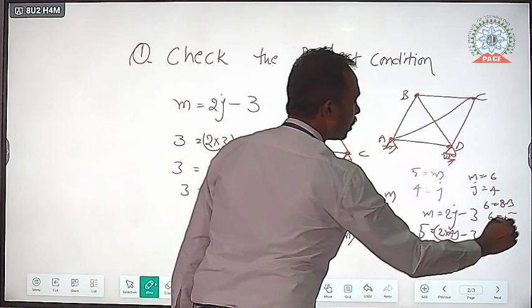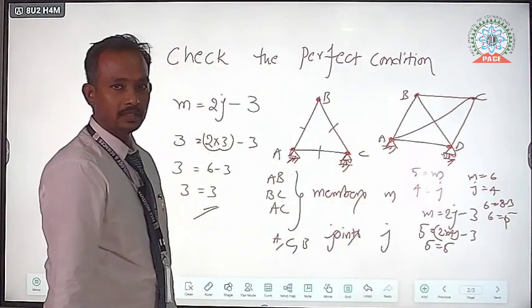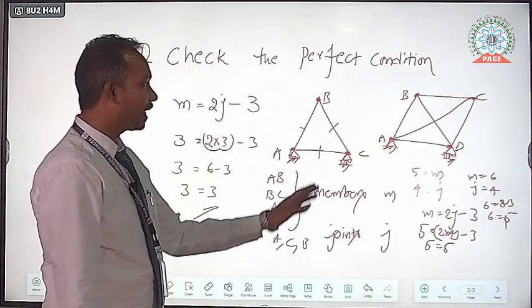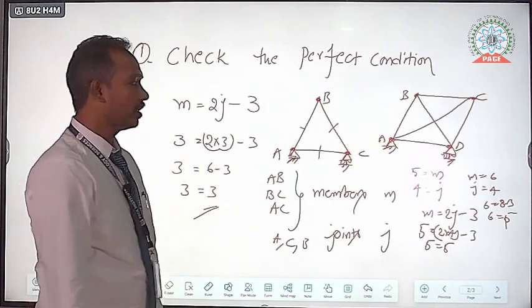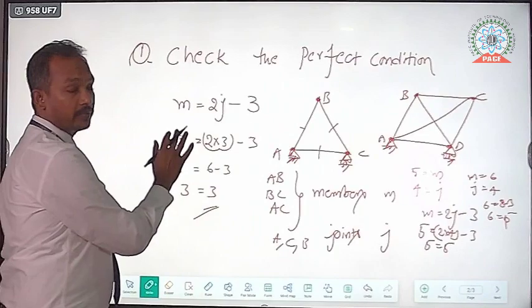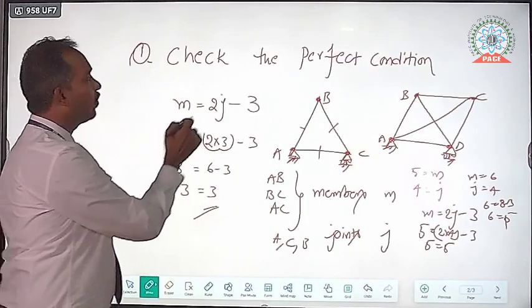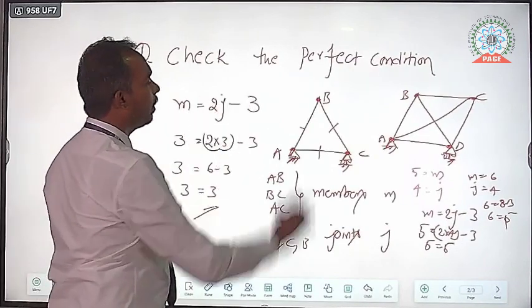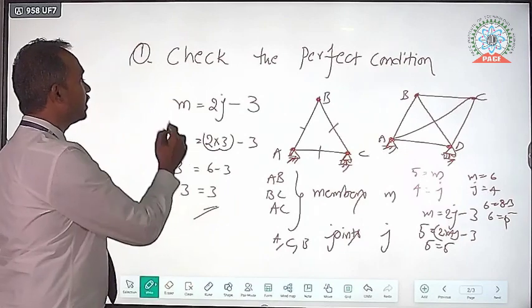Okay, we need not analyze by using this method. So this is the first step. We can see how to check the perfect condition by using the m is equal to 2j minus 3 equation.